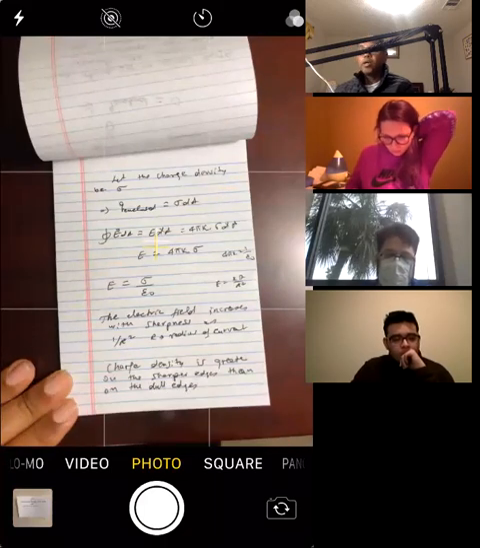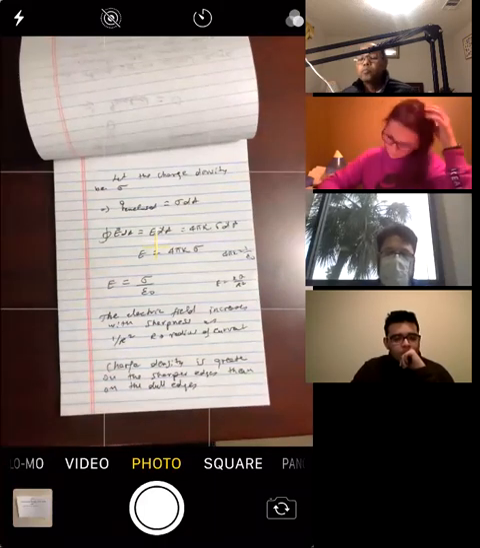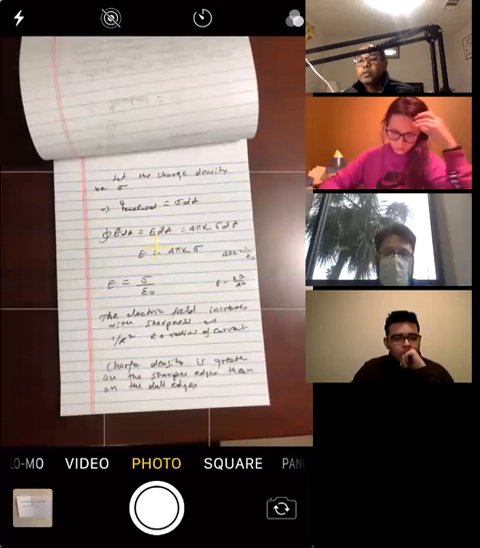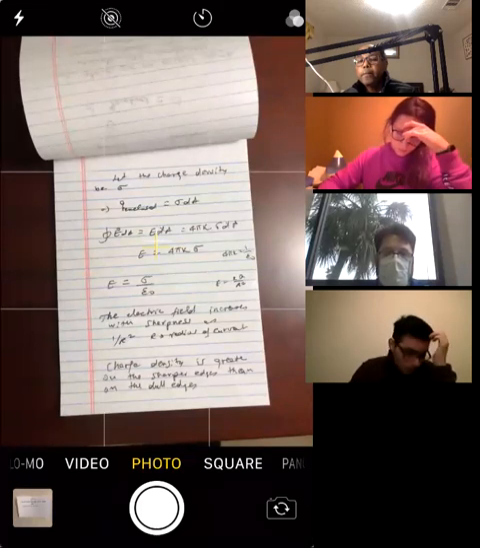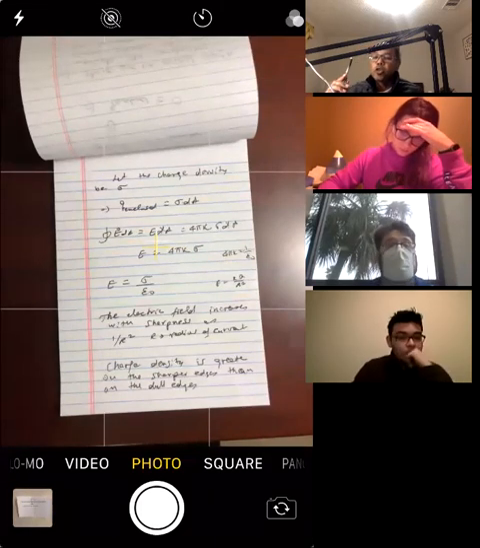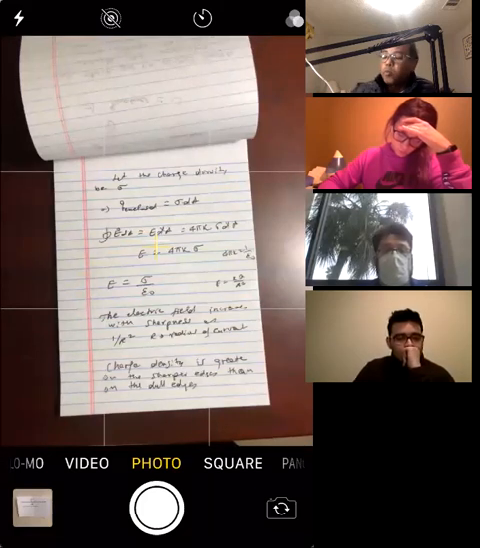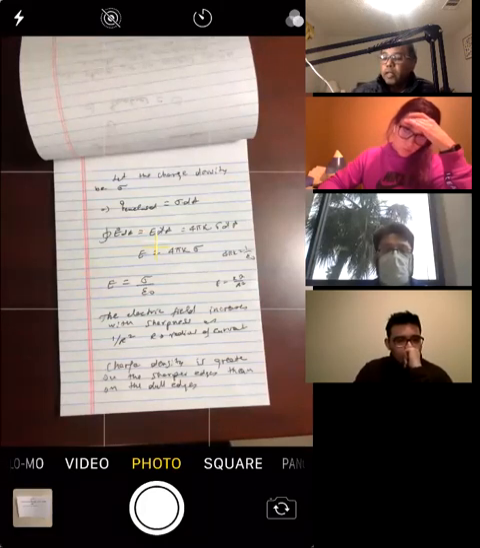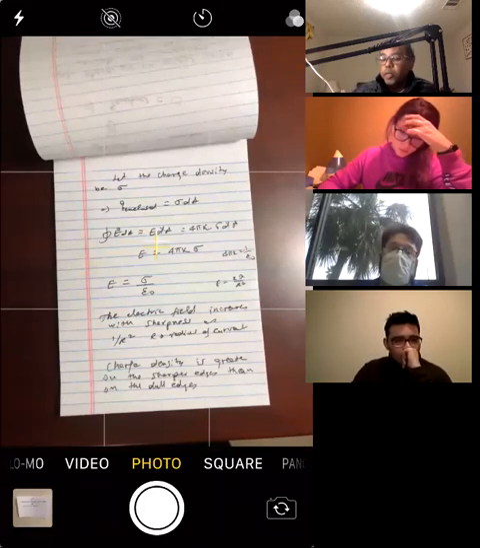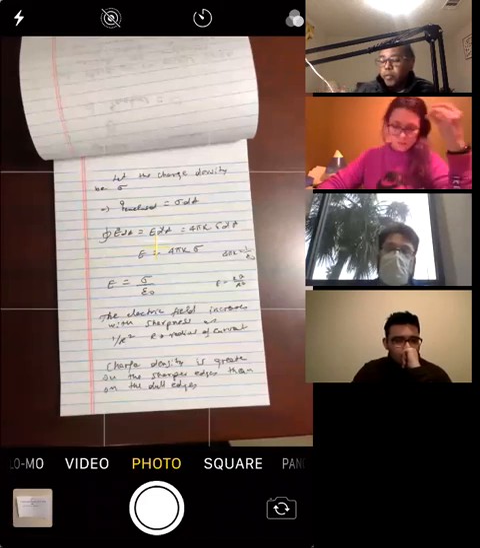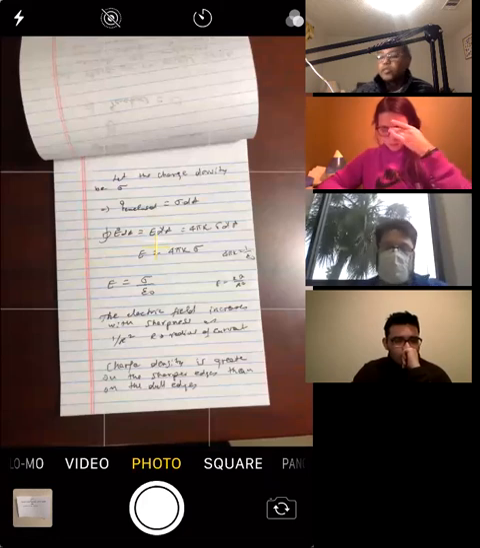That's why you have to get away from sharp objects during lightning. The electric field is the greatest on sharp edges. So the duller the surface, the smaller the electric field; the sharper the surface, the greater the charge density.